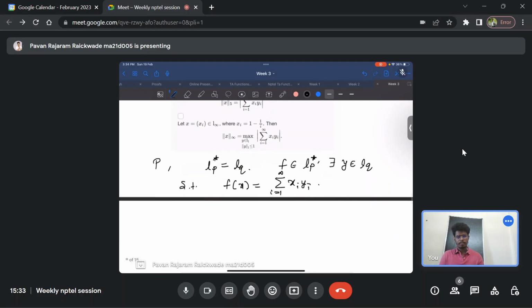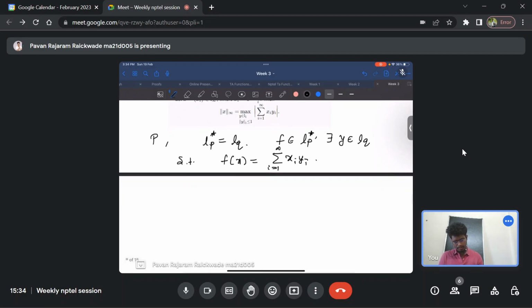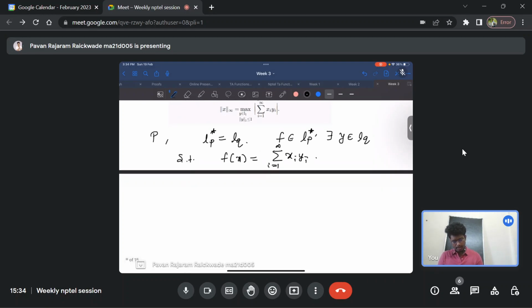This is the isometry between the duals of LP and LQ. Also here, the norm of f is the same as the norm of y. f is an operator here. This is what we know from the dual theory.